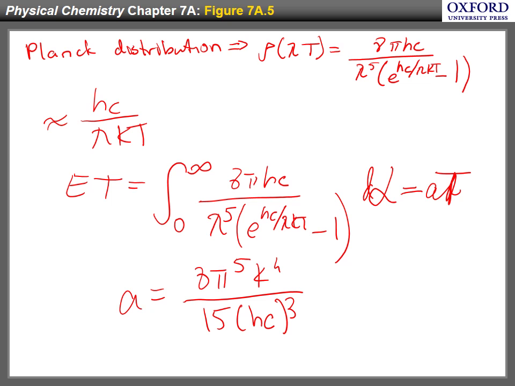Therefore, the energy distribution increases by the fourth power of the temperature. Sorry, there is a fourth power on the temperature here.